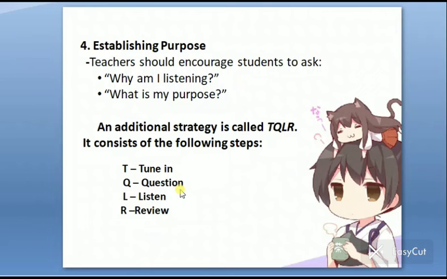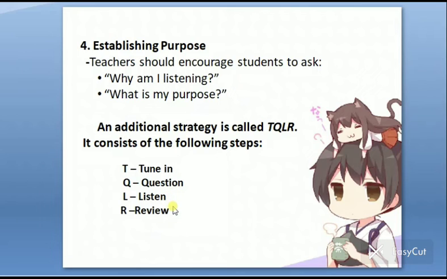This includes: what will the speaker say about the topic? What is the speaker's background? I wonder if the speaker will talk about this. Then L for listen. The listener should organize the information as it is received, anticipating what the speaker will say next and reacting mentally to everything heard.